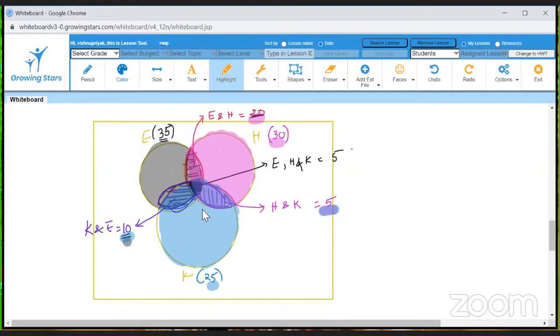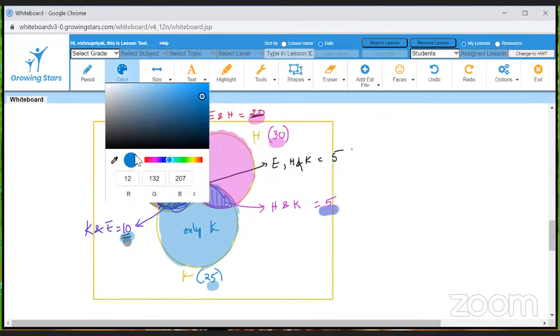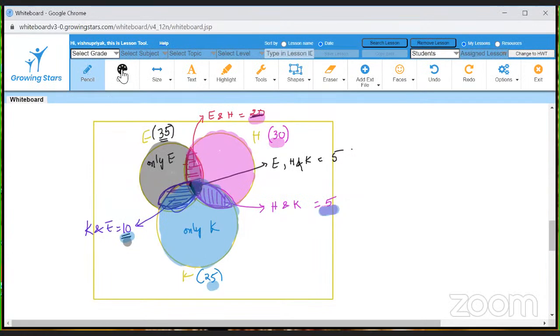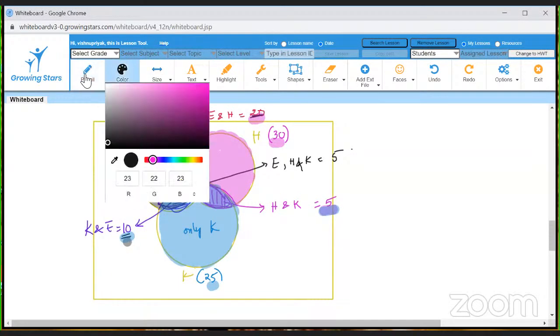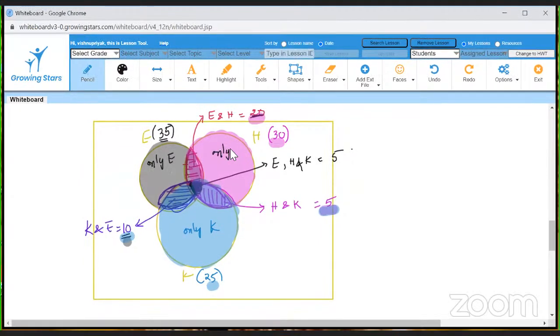So what will you do? How will you know only Kannada? Only Kannada, how many speak? Or only English, how many speak? Or only Hindi, how many speak?